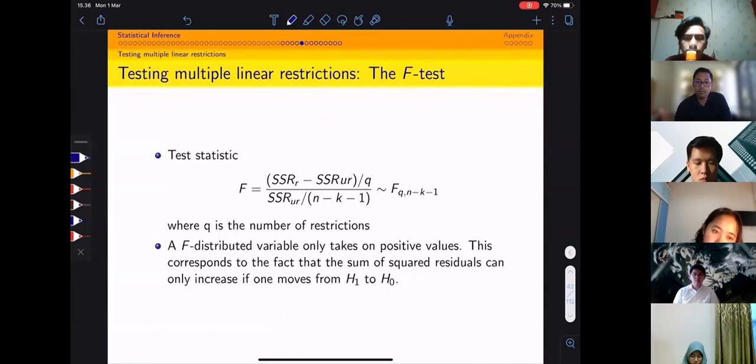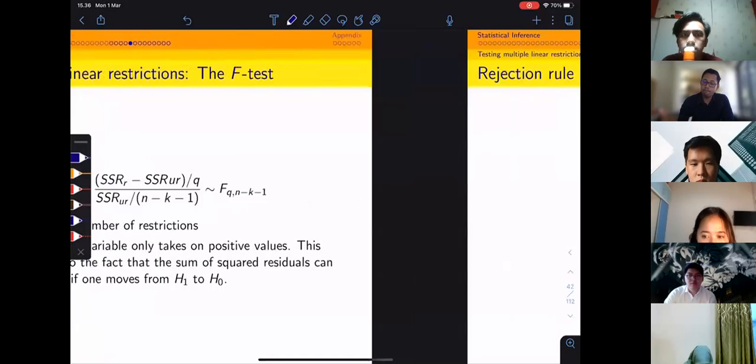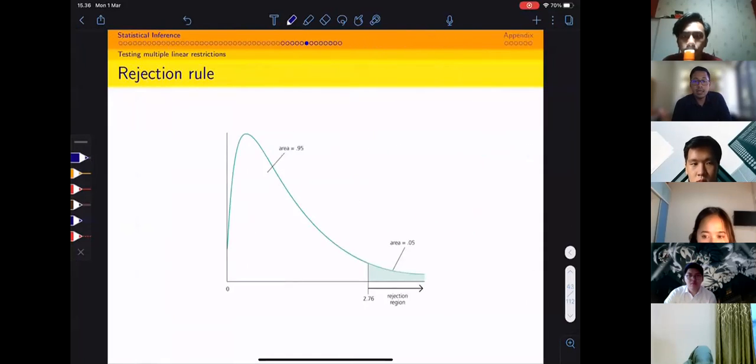This is the distribution of the F test. It's going to take only positive values. This corresponds to the fact that the sum square residual can only increase by moving from the alternative hypothesis to the null hypothesis. This is the illustration of the F distribution, where the area is just 5%.